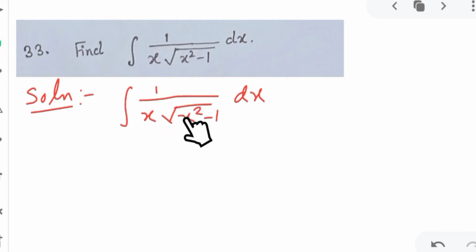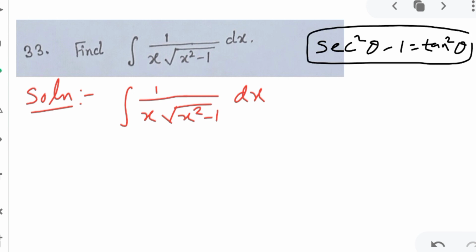So here I will substitute x as sec theta. Why? Because if I substitute x as sec theta, this will become sec square theta minus 1, and sec square theta minus 1 we know as tan square theta, because sec square theta minus tan square theta is 1. So sec square theta minus 1 will be tan square theta.